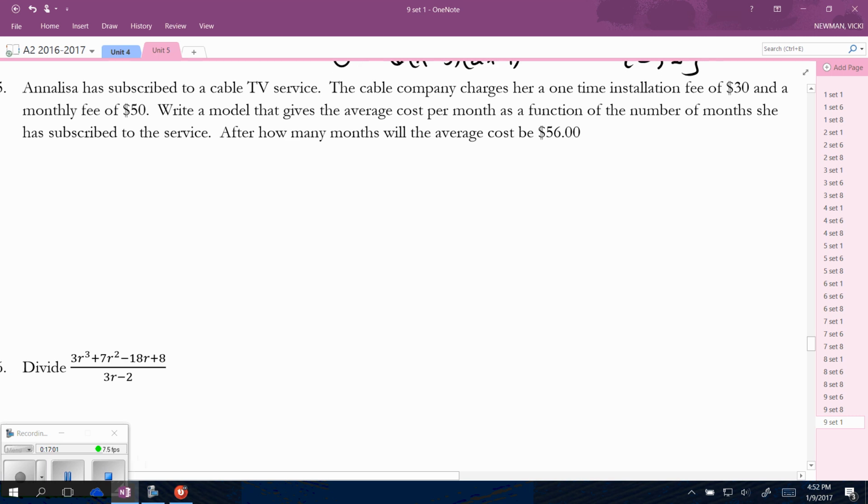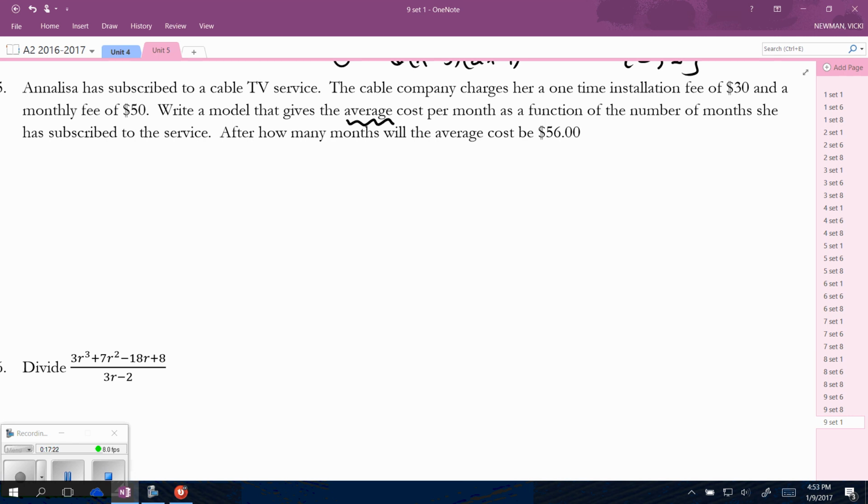Annalisa has subscribed to a cable TV service. The cable company charges her a one-time installation fee of $30 and a monthly fee of $50. Write a model that gives the average cost per month as a function of the number of months she has subscribed to the service. After how many months will the average cost be $56?